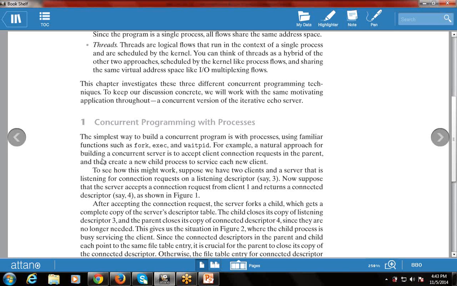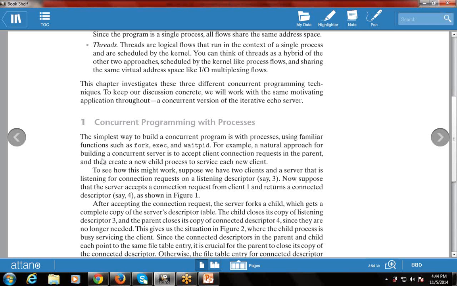For example, a natural approach for building a concurrent server is to accept a client's connection request in the parent and then create a new child process to service each new client. To see how this might work, suppose we have two clients and a server.